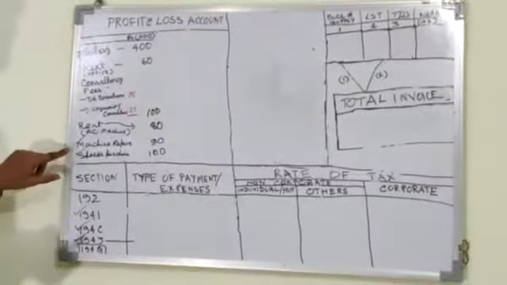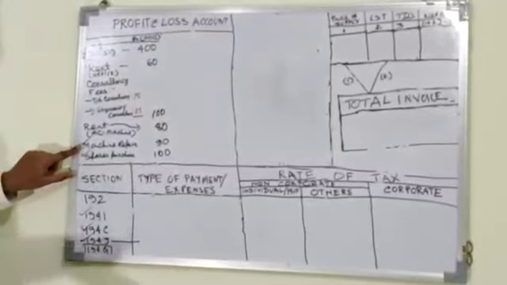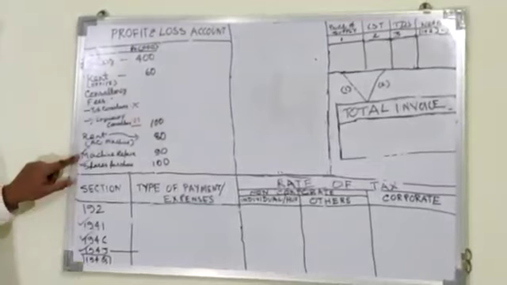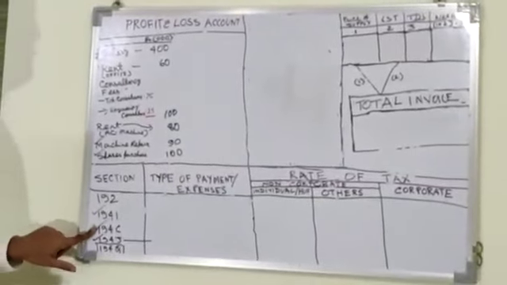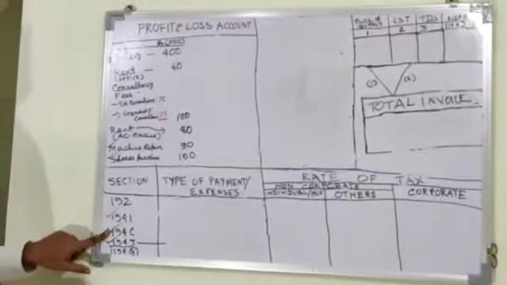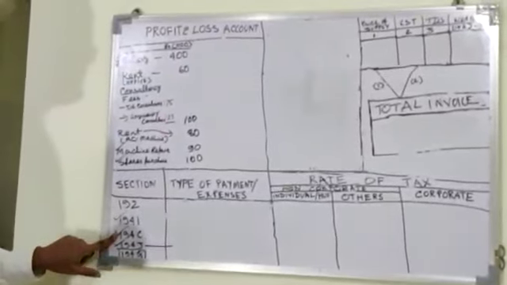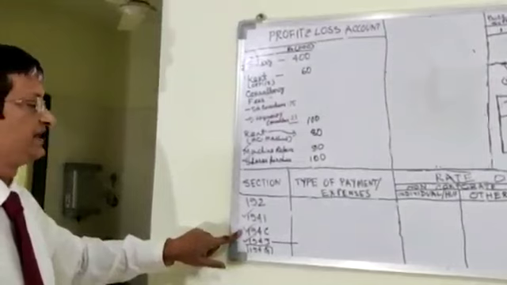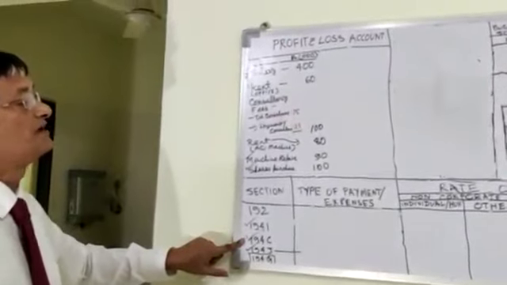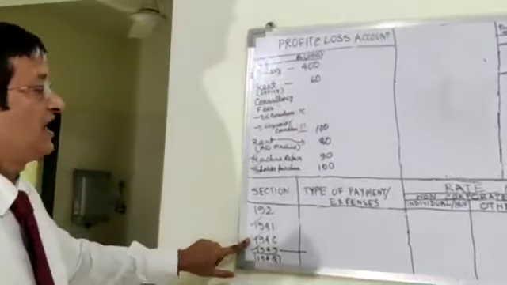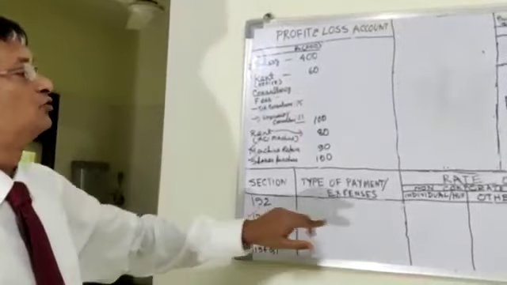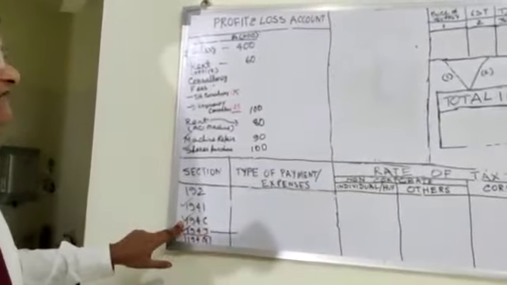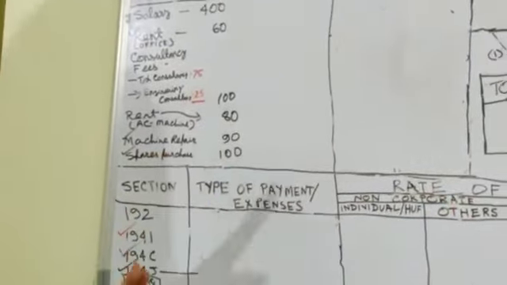When we appoint any contractor for some repair job, then also we are required to deduct TDS, and at that time we are required to apply section 194C. And this 194C rate will be different if I make payment to an individual or HUF, or if I make payment to others.